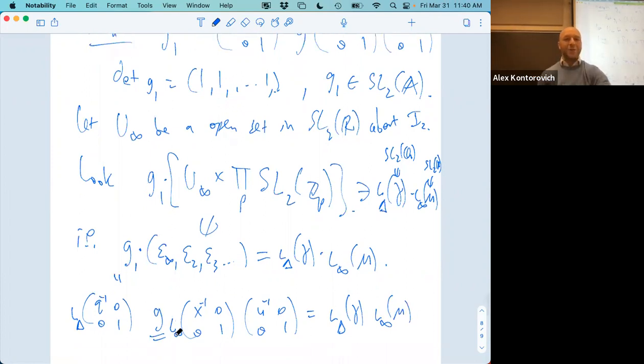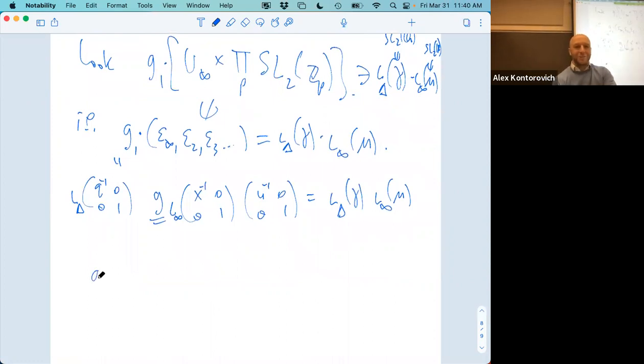And now I want to write G equals. So G equals, I have the diagonal embedding of this gamma. I have the diagonal embedding of this Q inverse 0, 0, 1. Not inverse now, I'm moving that to that side.